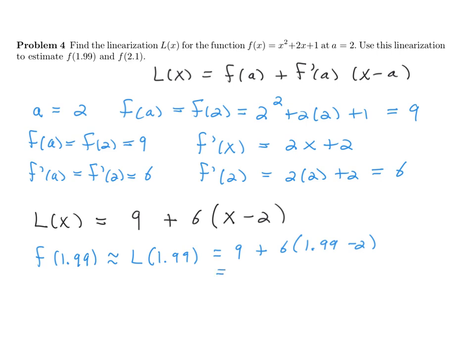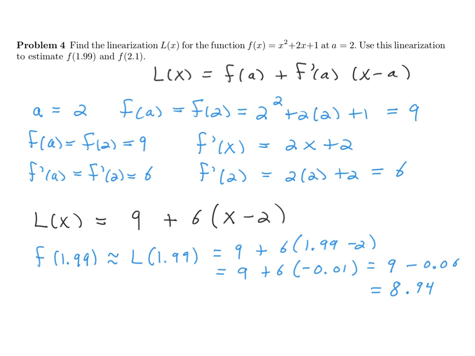So this is equal to 9 plus 6 times negative 0.01. Multiplying by 6, this is negative 0.06. So this is really 9 minus 0.06, and if you subtract 0.06 from 9, you get positive 8.94. So here we go. F of 1.99 through this linearization is approximately equal to this value here.